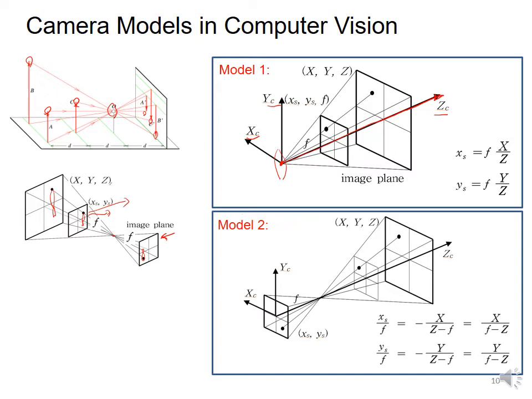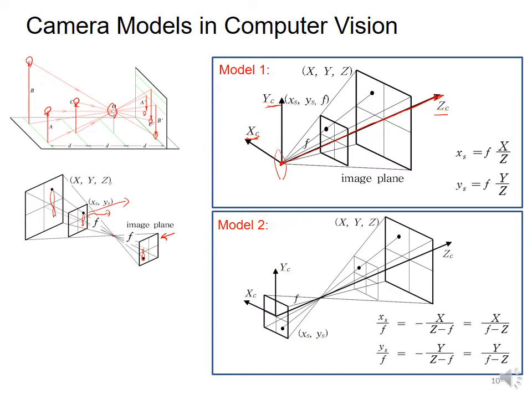Then we apply the right hand rule to assign the xc and yc here. So the xc axis is a horizontal axis, and the y-axis is a vertical axis.